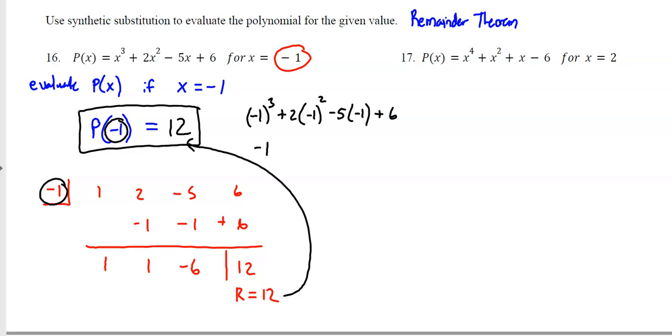And that'd be -1 plus 2 plus 5 plus 6. Let me just be careful. Make sure I didn't screw something up here. So that looks like it's 13. So what did I do wrong? Let me just double check my work.